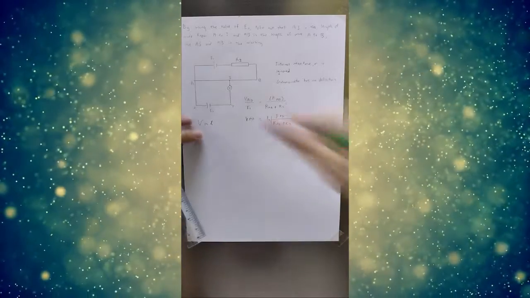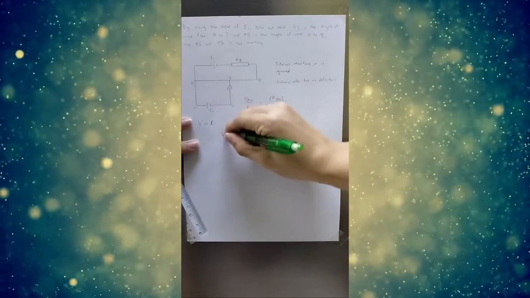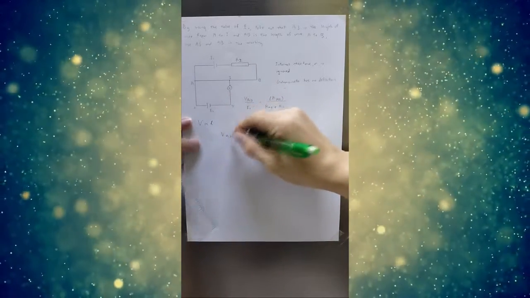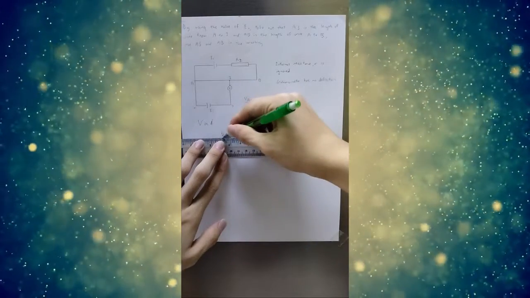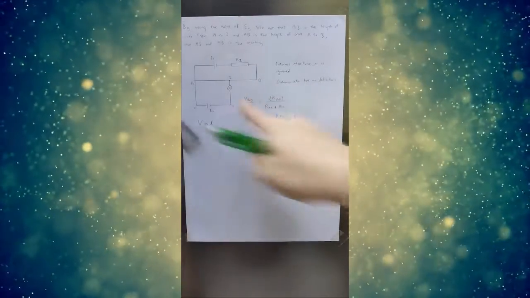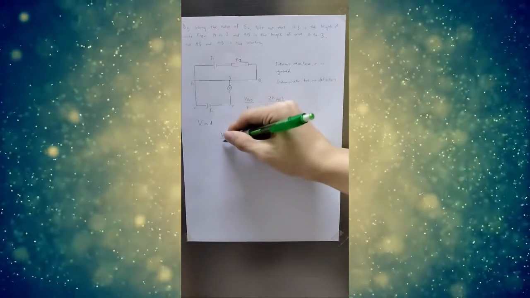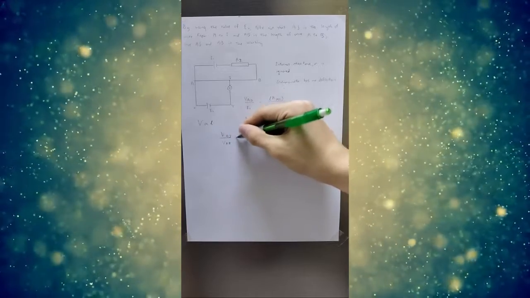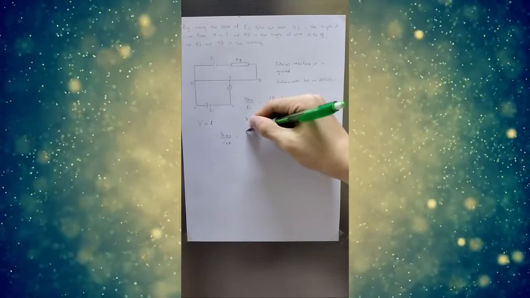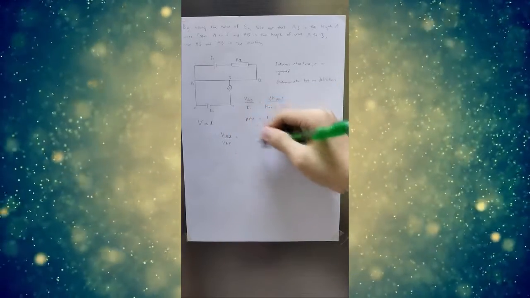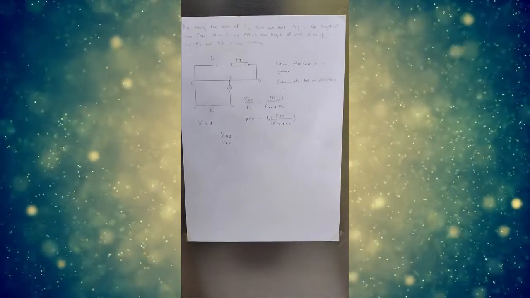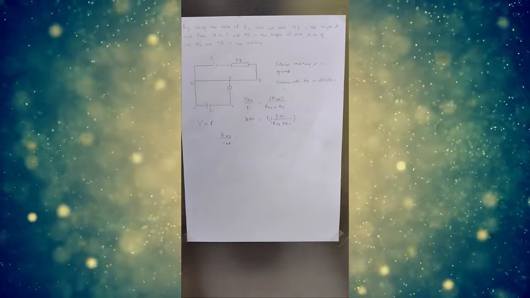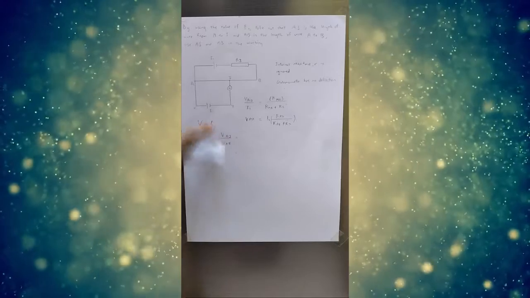So VAJ over VAB is directly proportional to the length.